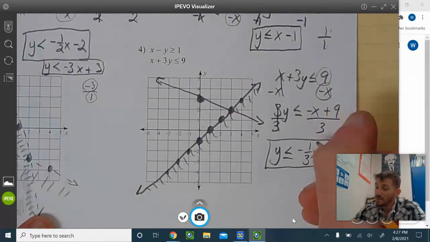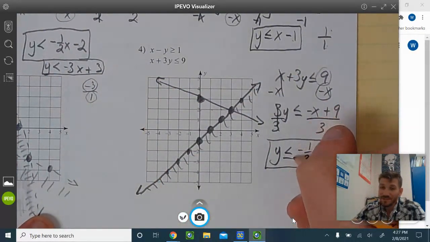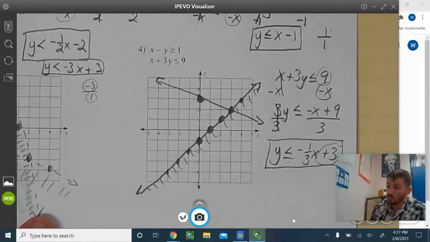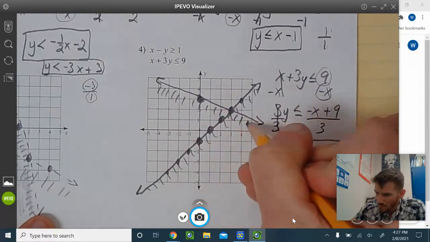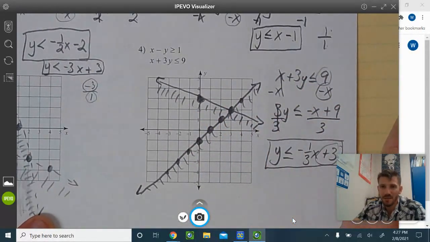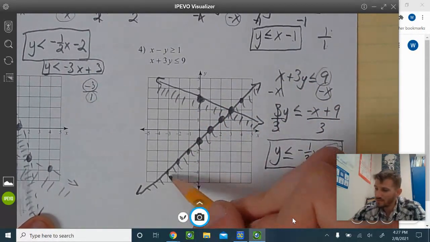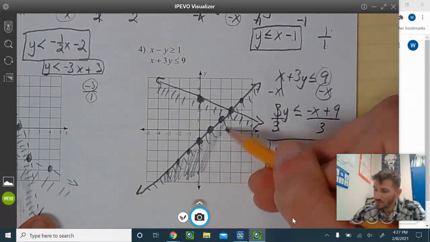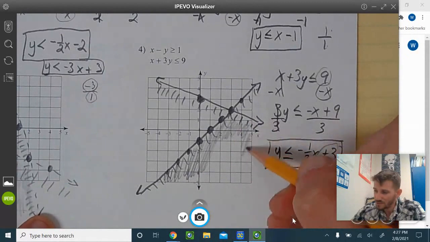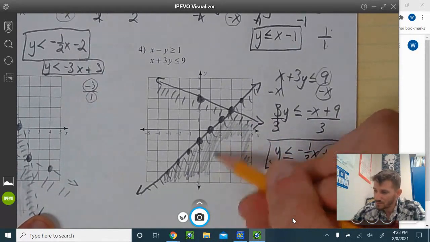Okay. Next, we shade it in. It says less than, so we should be shading downwards. So what part are they shaded in common? Well, they both have this area shaded. Any point that falls under this shaded region is a solution.